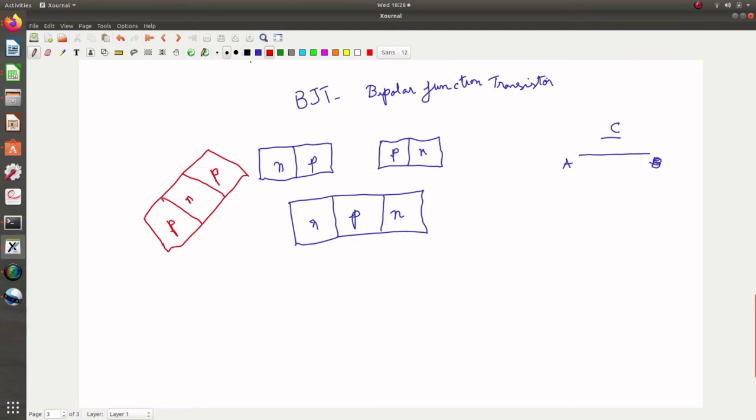One part of the transistor is known as the emitter. This part is known as the collector, and we have the base here.